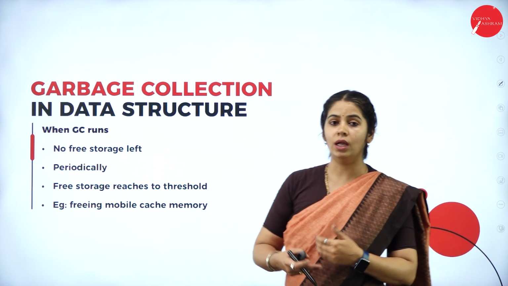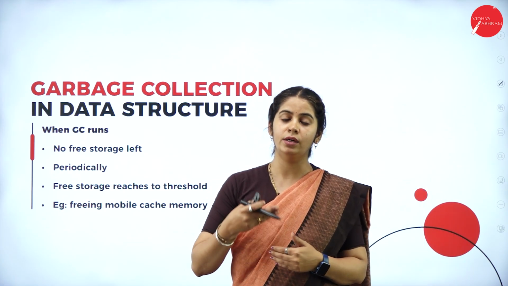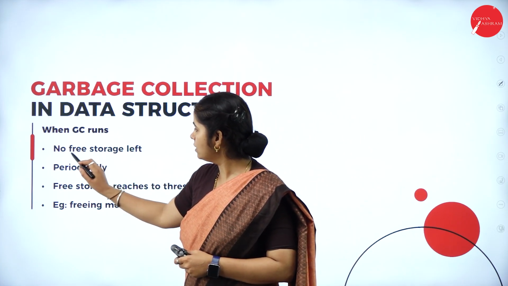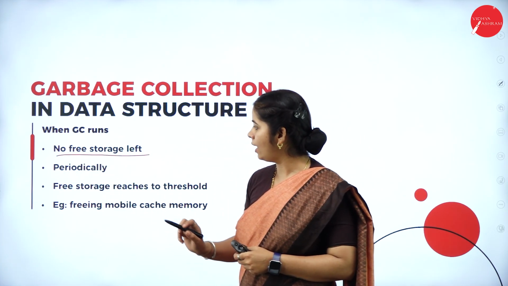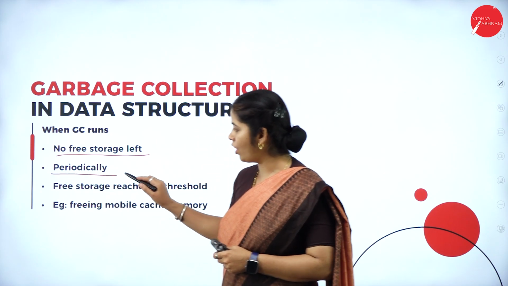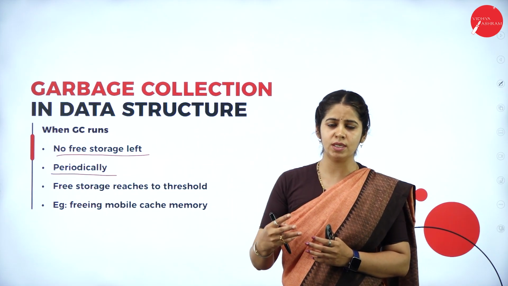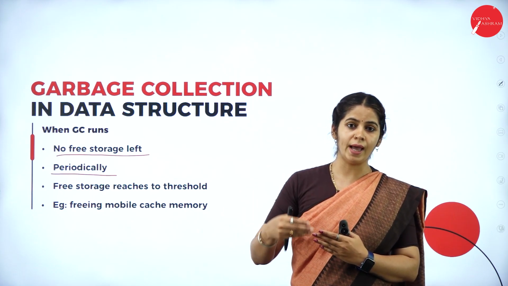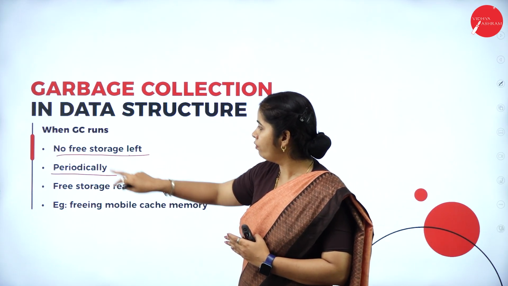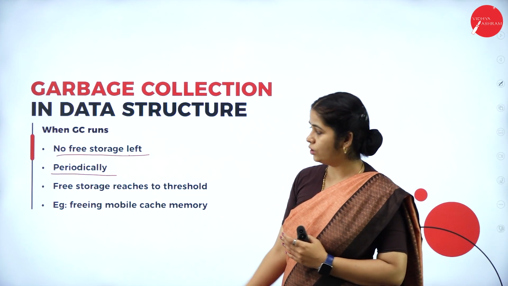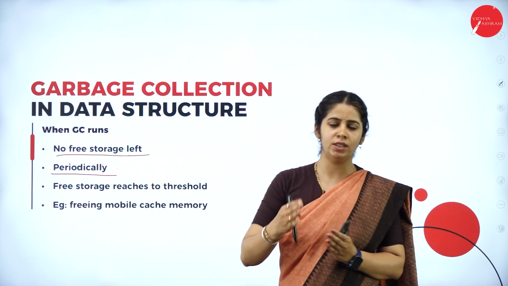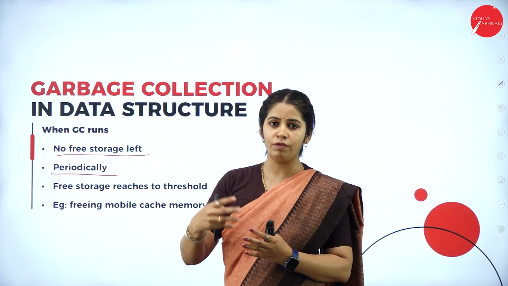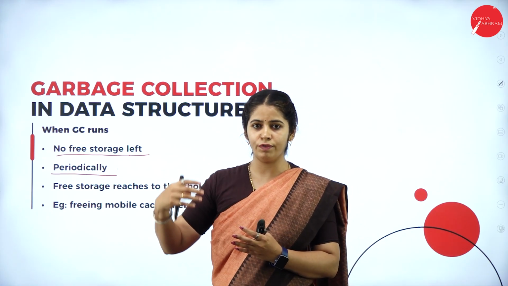Then how does the garbage collector work? What are the techniques it works on? GC runs when no free storage is left, and it runs periodically. When can we use this garbage collector? If there is no free memory for the current execution, at that time we go for running the garbage collection. Or you can fix some particular time: at this particular time, I want to free the memory, after 1 week or after 15 days.